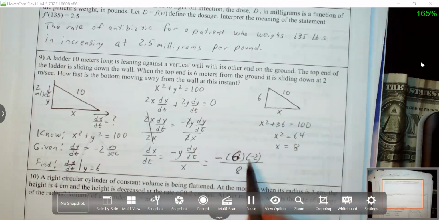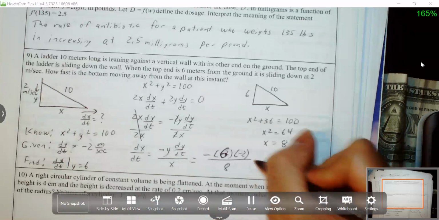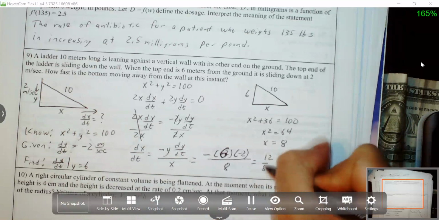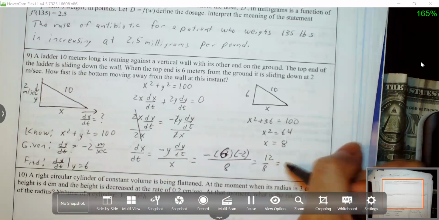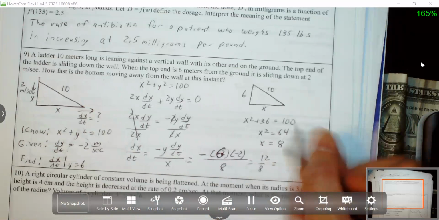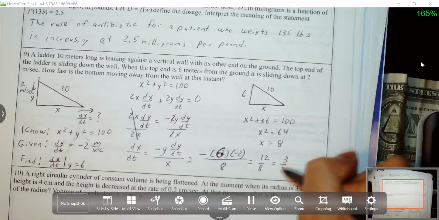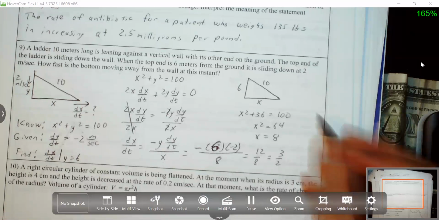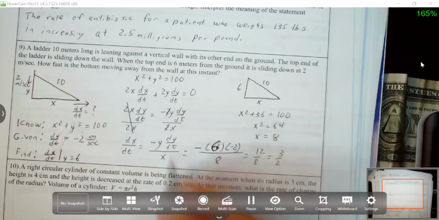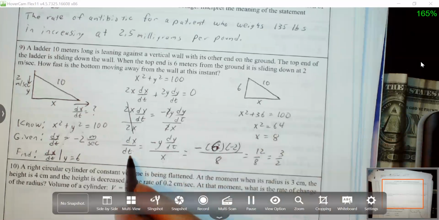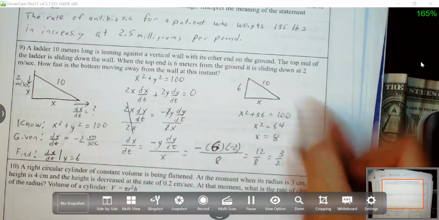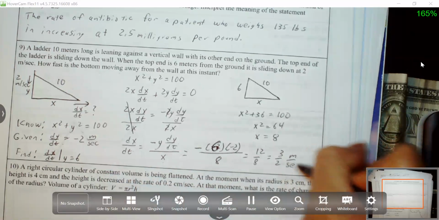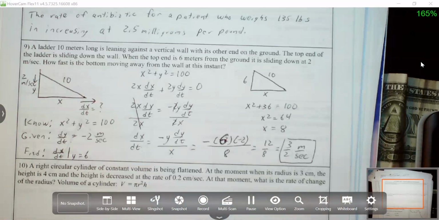So it's 12 over 8, which we could make equal to 3/2 or 1.5. So this is 3/2, and we were solving for dx/dt, so it's going to be meters per second. Or you can make it 1.5.